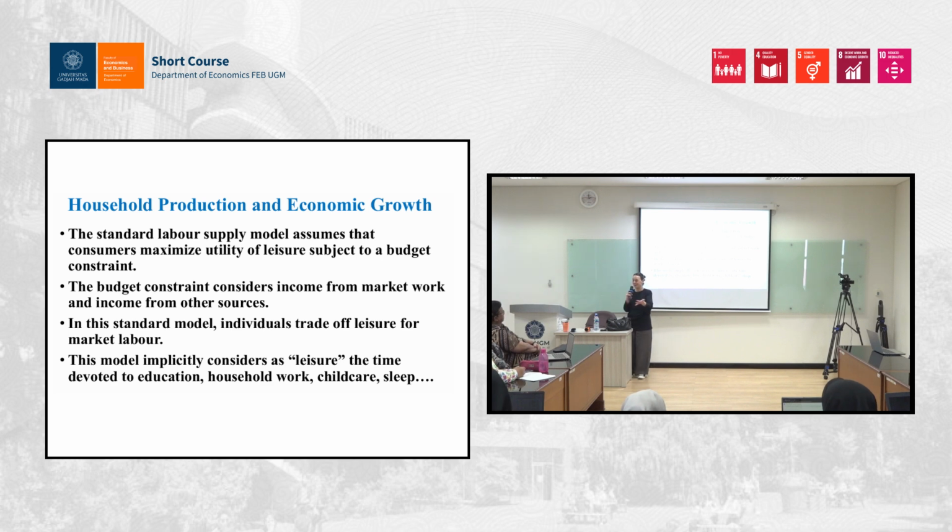So it is a very nice model. I'm not criticizing the labor supply model, but I'm just saying that with time use economics and household production economics, we are going to give more nuance, and we're going to say you're trading off leisure and labor, but leisure is not all what you call leisure.